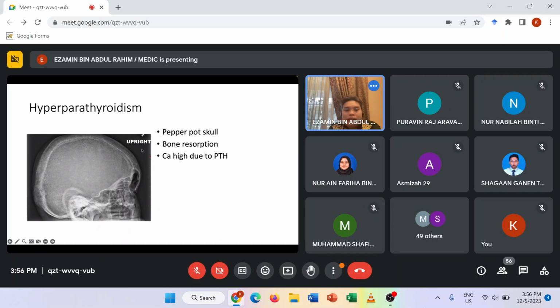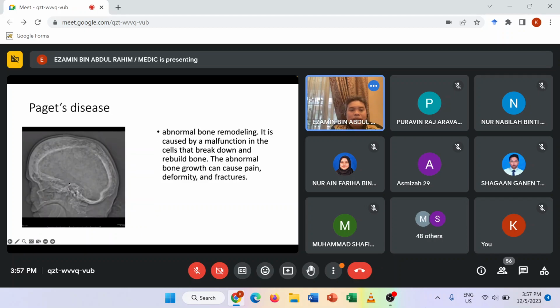Paper pot skull. Because of a patient with hyperparathyroidism, PTH is high, and then calcium also high, and then the bone resorption has a problem. So they become swollen, swell like this, and this one is quite distinctive. You can see it clearly, you know this one is hyperparathyroidism.